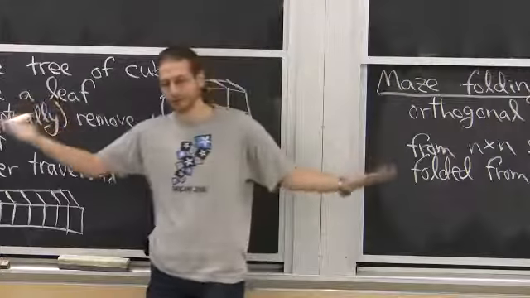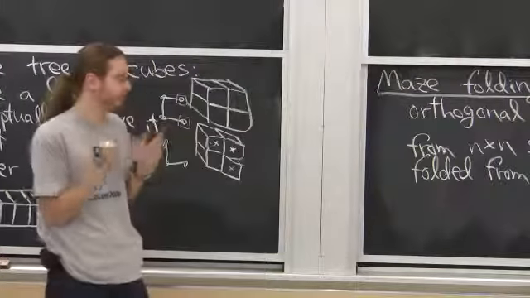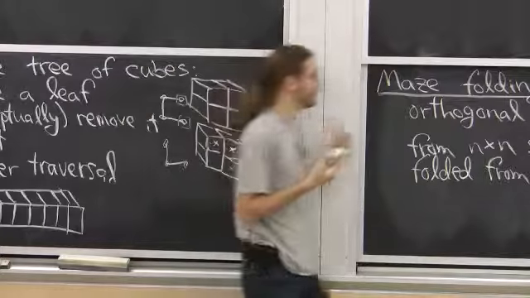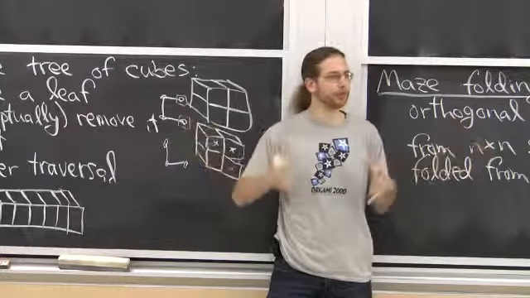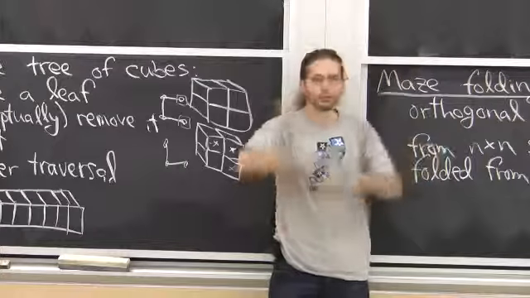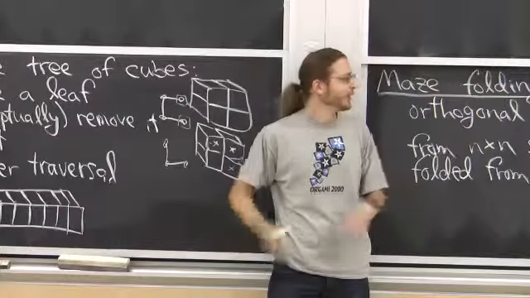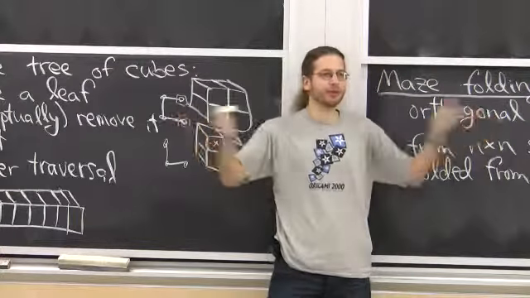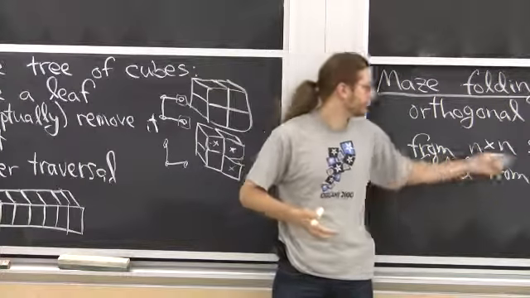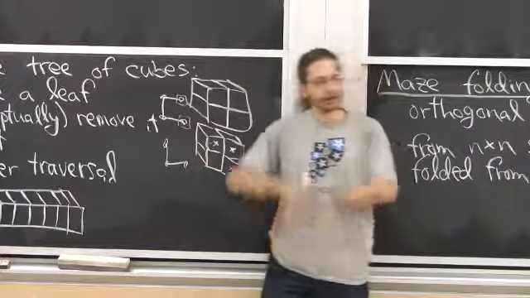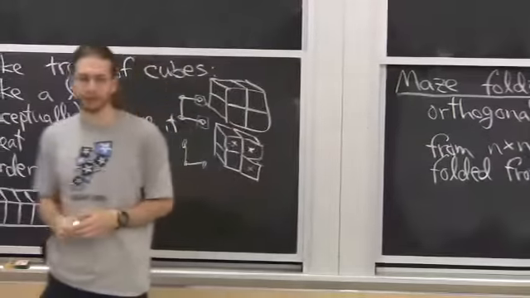For an n by n checkerboard, you have to shrink by like a factor of n over 2, n over 4, whatever the best bound is. But it seems the more complicated you want, the more you have to fold. Here, I can make a super complicated maze. It could be 1,000,000 by 1,000,000, and I'm still only shrinking the sheet by a factor of 3. So this is one of the few results we know where you can get a large class, and yet you're only shrinking by a small factor.